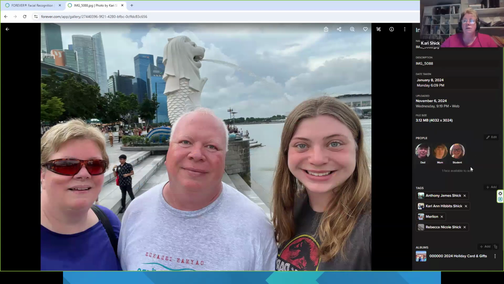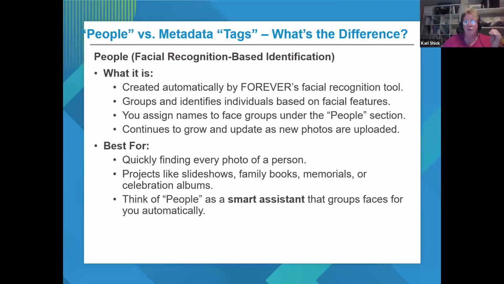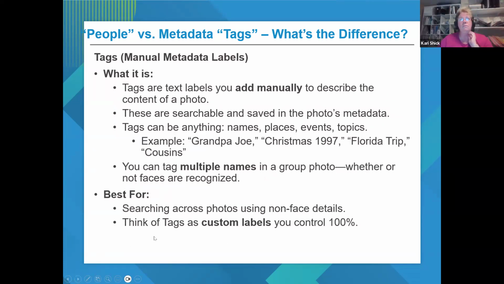This is something that's being used by the software within your Forever account. It is not written to the data file, unlike where tags are. And so it doesn't actually affect your JPEG file at all. And that is one of the biggest ways that it is different between people and the metadata tags.